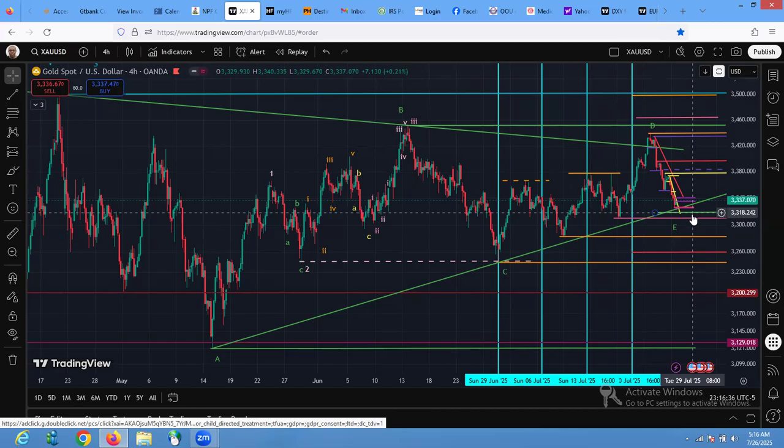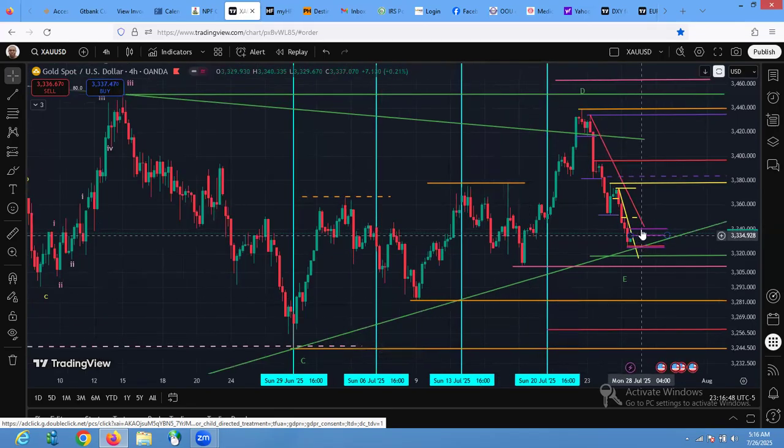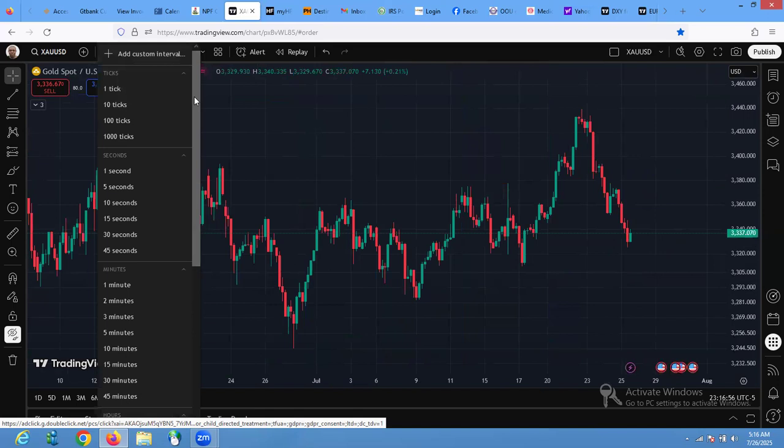That's 33.18, and this is 33.10. So this is an important area. The price is already reacting as we are seeing. So we need to see how this one would react to the upside. It's reacting already, but we need more push to the upside.